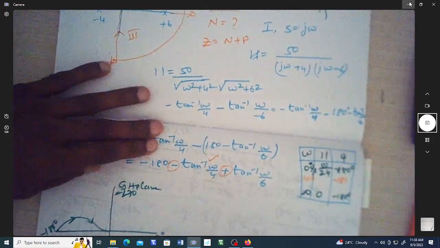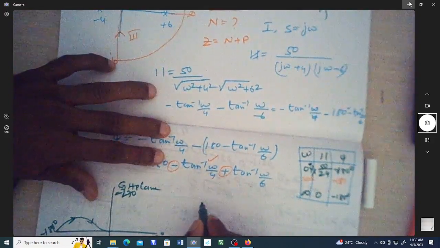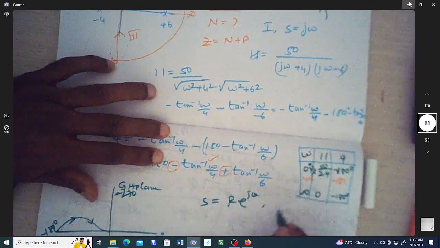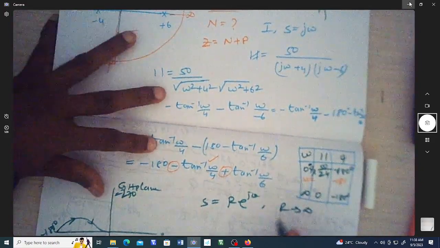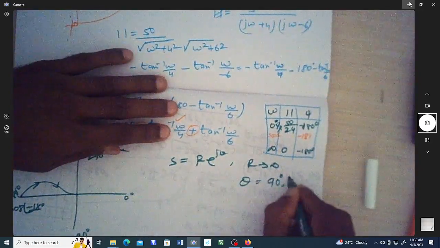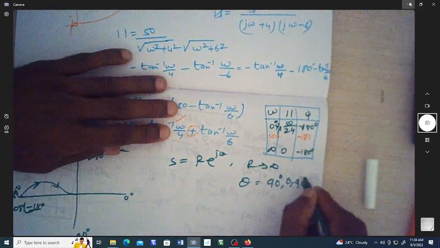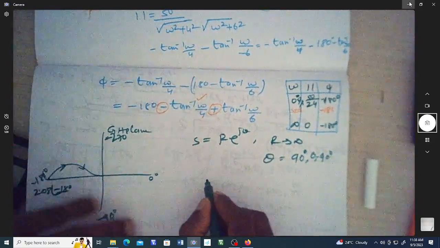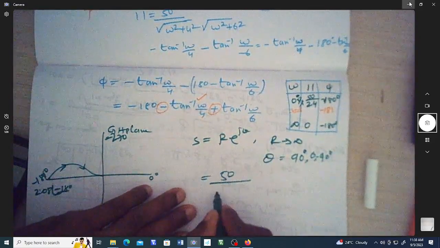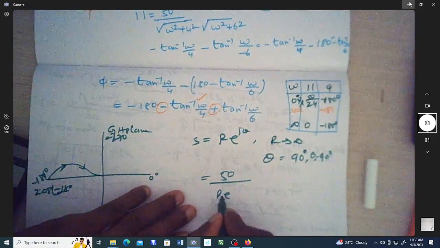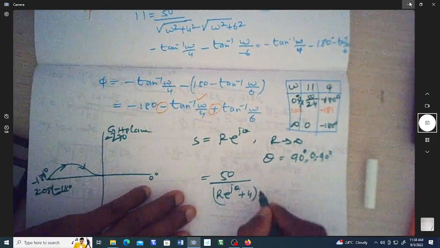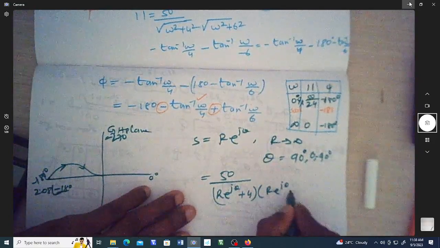To find the second segment, you replace s by r e power j theta, where r is tending to infinity and theta is varying from plus 90 degree, 0, minus 90 degree. So what will happen to this? This will give a magnitude of 50 divided by r e power j theta plus 4, r e power j theta minus 6.